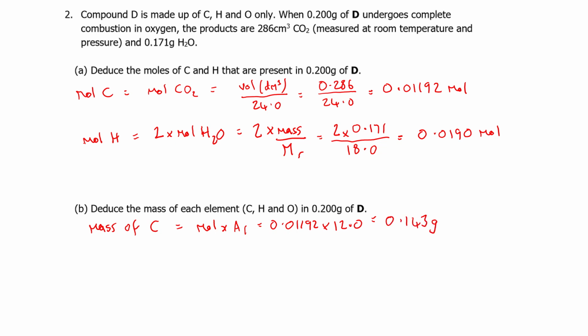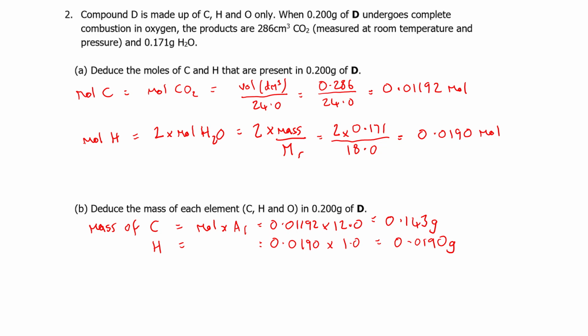And similarly for the hydrogen, the mass of hydrogen again is equal to moles times Ar, which is 0.0190 times 1, which is obviously just 0.0190 grams.